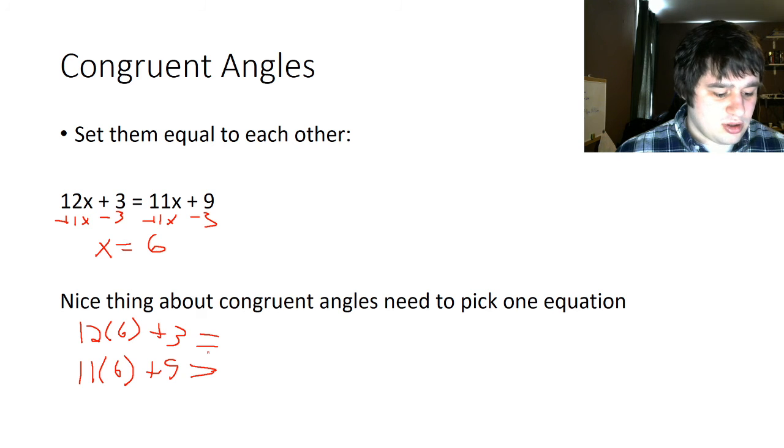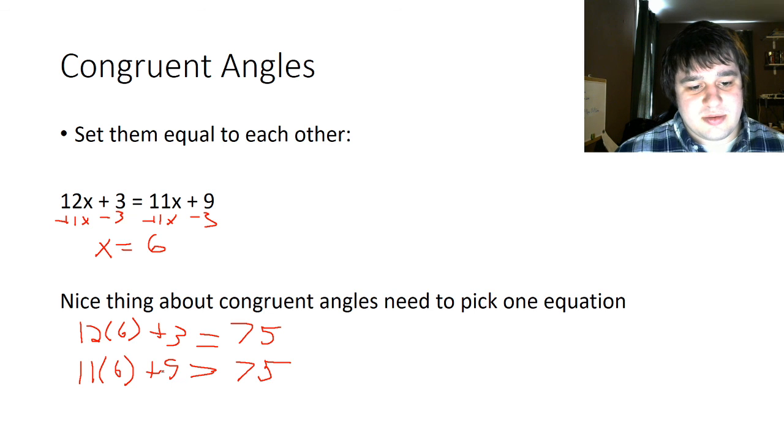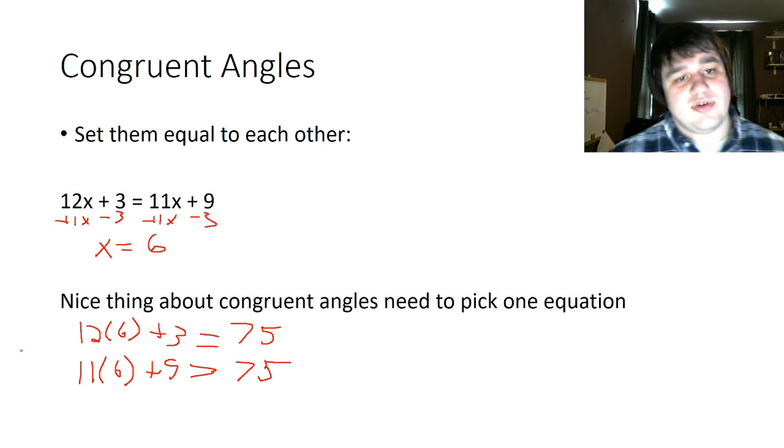And they both equal 75. Because 11 times 6 is 66 plus 9 is 75. 12 times 6 is 72 plus 3 is 75.